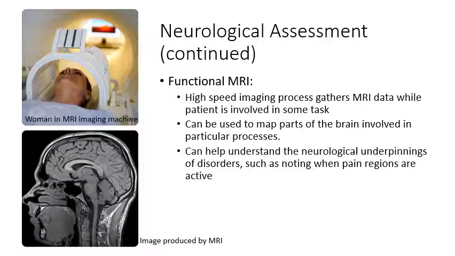And we also have functional MRI, or fMRI, which is the same as the MRI, except we're using really high-speed imaging, and we're gathering data while the person is engaging in a task. And so then we can see parts of the brain involved in particular processes. And your book goes over a few different interesting things that we can be observing through this.